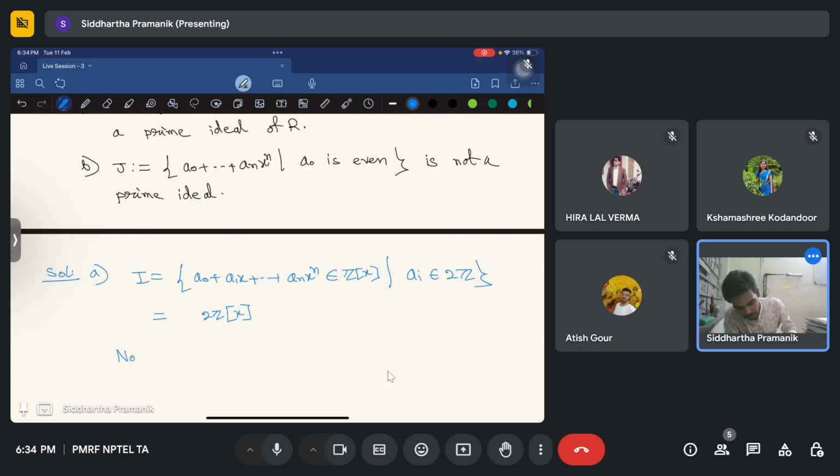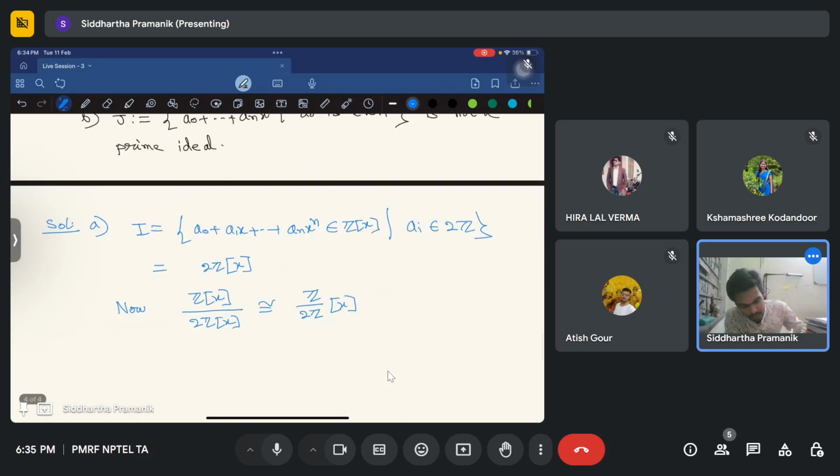Now, if you mod out Z[x] by 2Z[x], by the earlier problem, it should be Z mod 2Z of x. Now, Z mod 2Z is an integral domain, so this polynomial ring is also an integral domain. So this quotient is an integral domain.